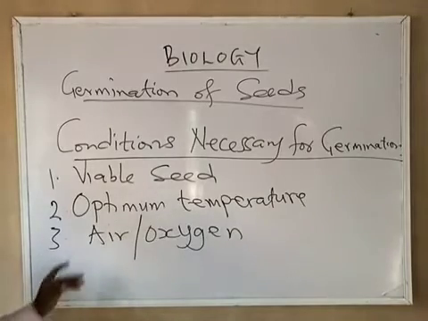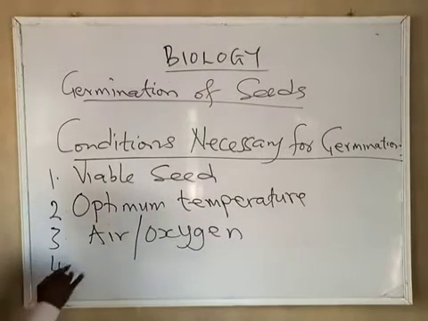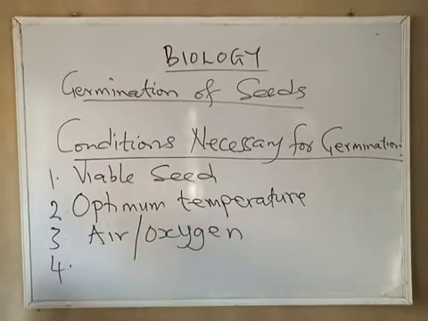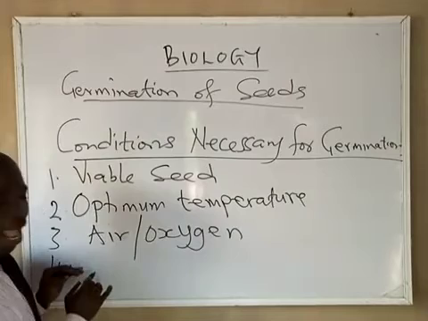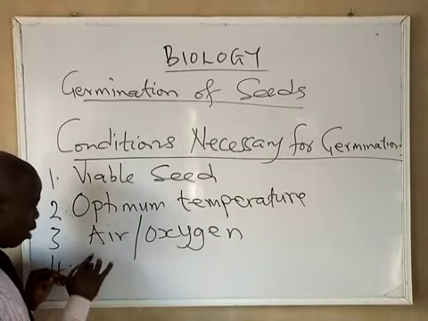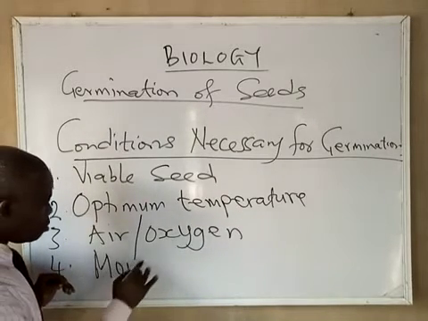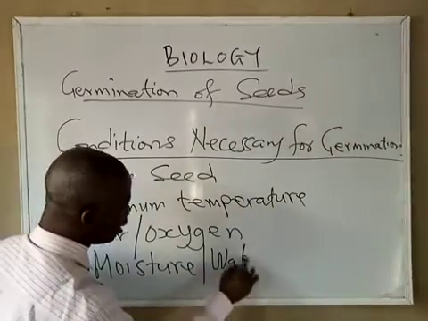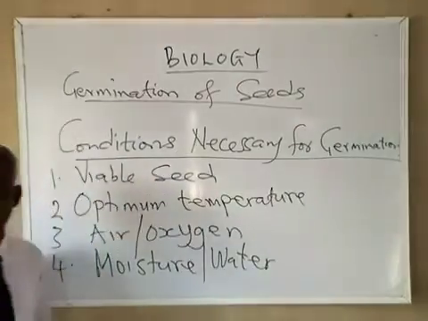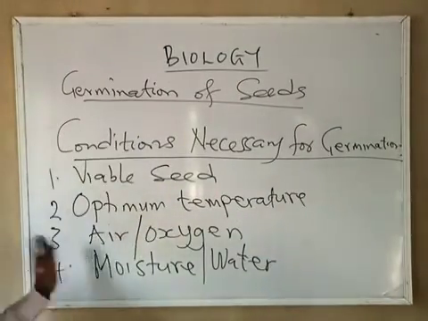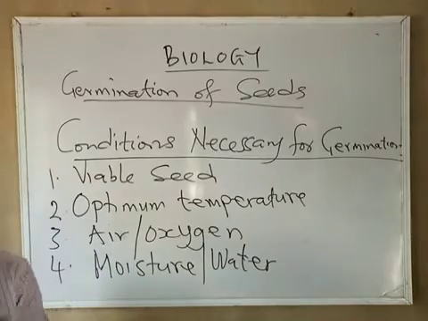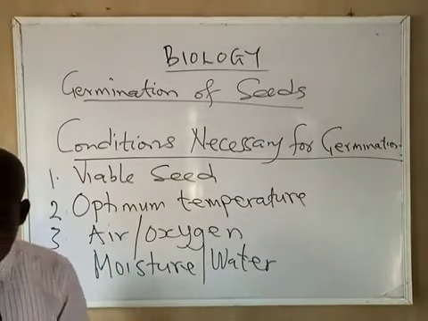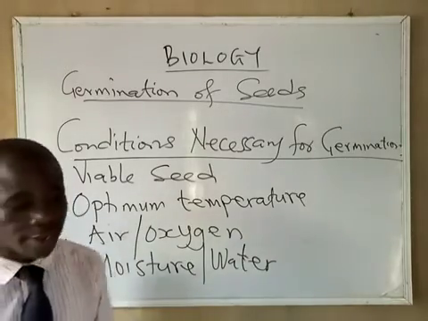And the fourth condition that is necessary for germination to take place is water or moisture, or what you normally call water. So these 4 conditions must be met for germination to take place in any particular seed.